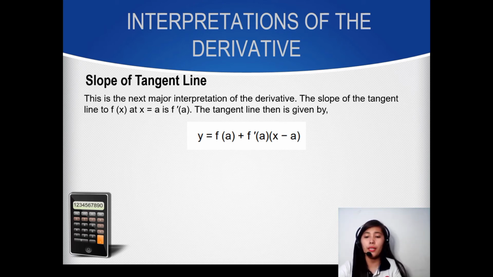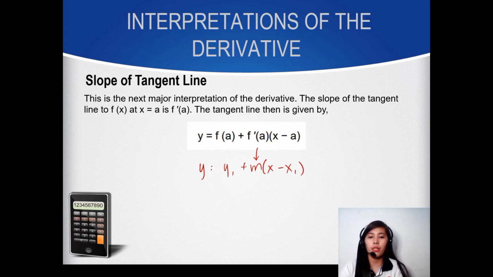Actually, this is just the same as the point slope form, that is y is equal to y sub 1 plus m times x minus x sub 1, because our f prime of a is also the slope in the equation. So this is just the point slope form.